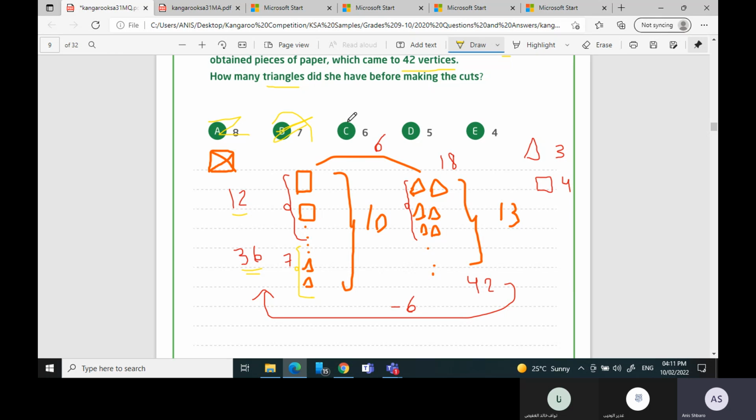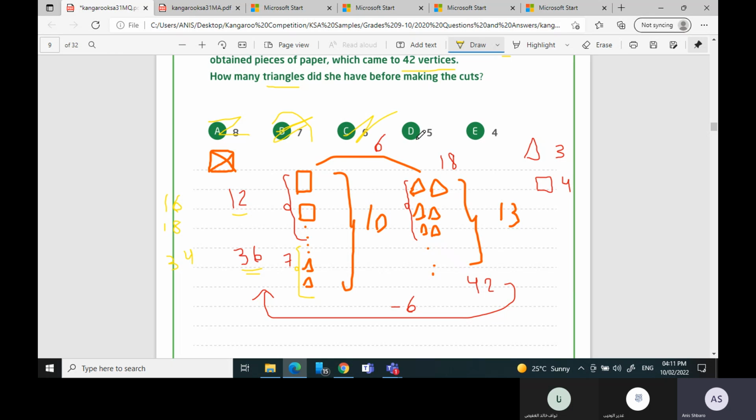If we try number 6, of course, we'll be dealing with 6 triangles and 4 squares. So 4 squares, I'm talking about 16 vertices, and 6 triangles, 6 times 3 is 18. So if we add them, we're going to have 34, which is not equal to 36.